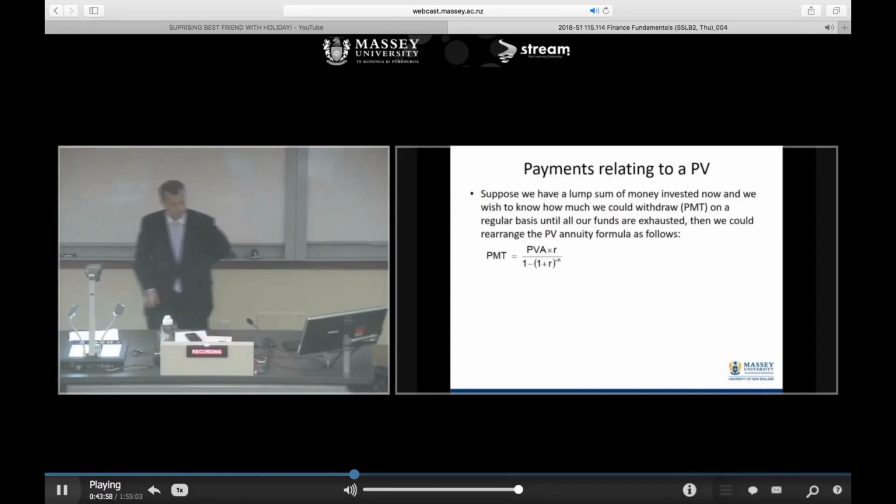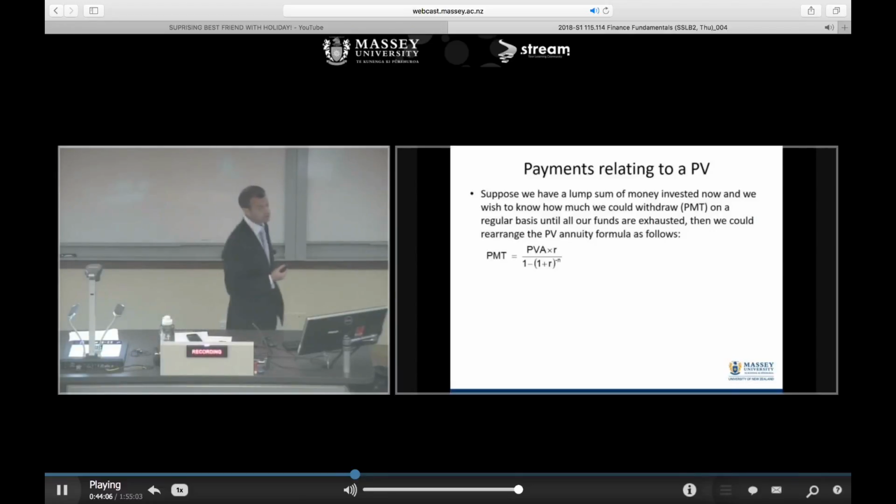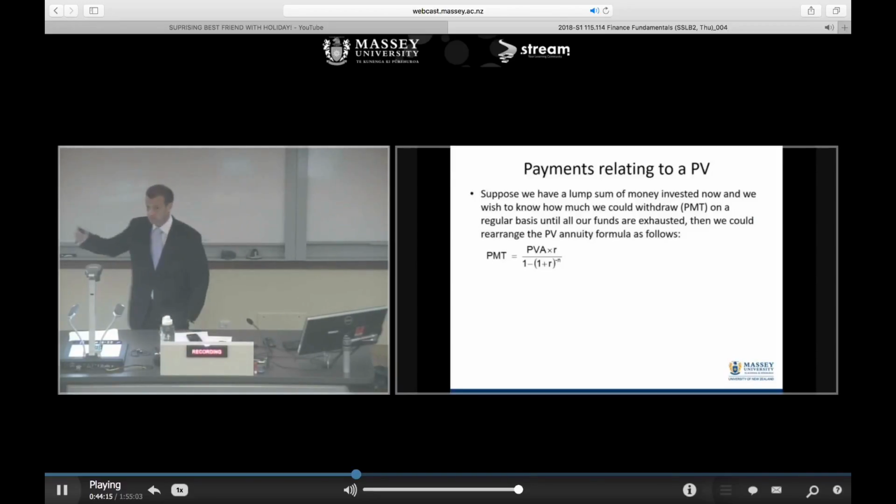What about payments relating to the present value formula? This is where we actually can use it in a lot of stuff, solving our retirement puzzle, how much we need to save, how much we're going to spend in retirement, mortgages, all those sorts of things.